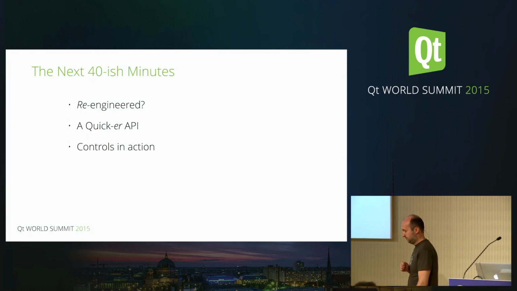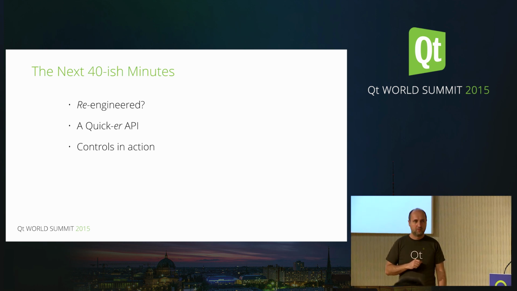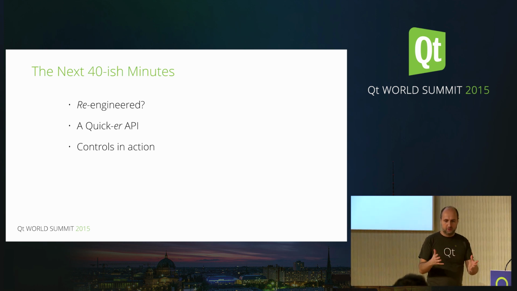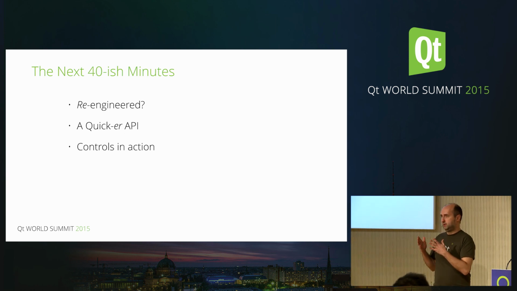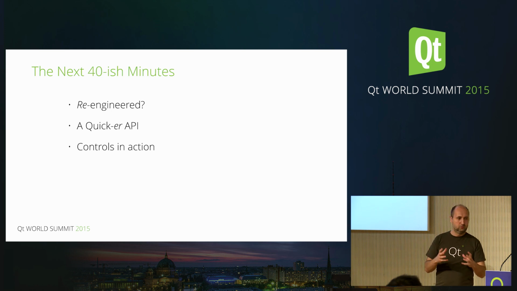What we're going to see today, during the next 40-45 minutes, is what we mean by re-engineer, and why we thought we needed to re-engineer, to redo QtWS controls in a different way.